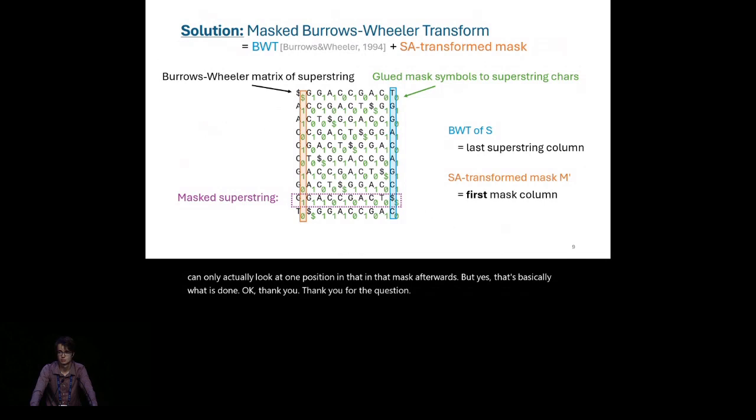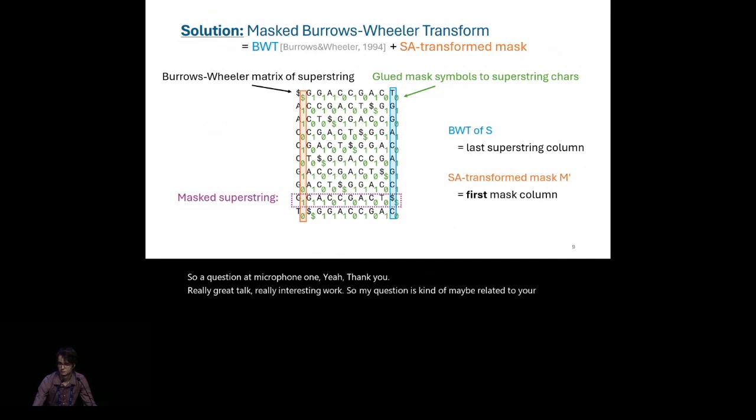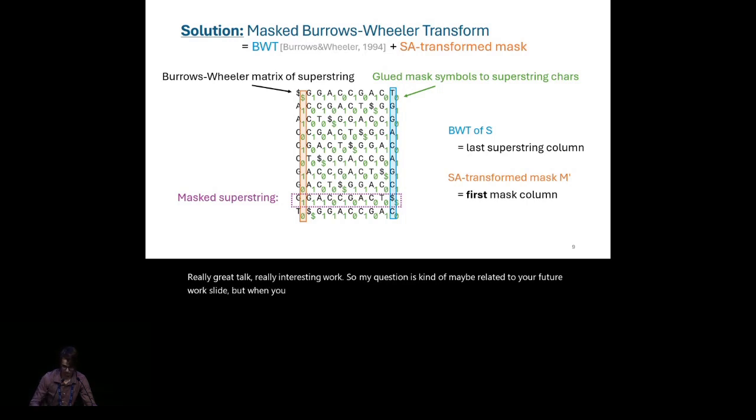So a question at microphone 1. Yeah, thank you. Really great talk, really interesting work. So my question is maybe related to your future work slide, but when you have these really large k-mer sets, when you're using them in different applications, oftentimes the satellite data become the storage bottleneck, right? So like the color set with the colored k-mers, or positional information if you want to actually go back to the place in the reference genome where this k-mer occurs.